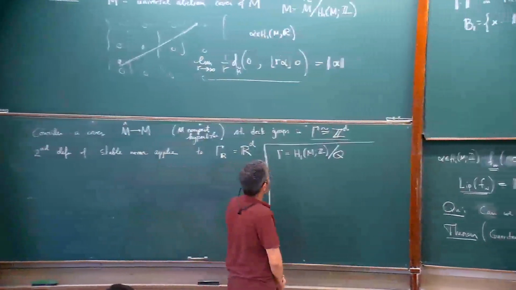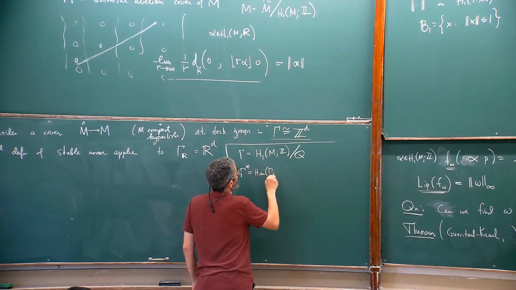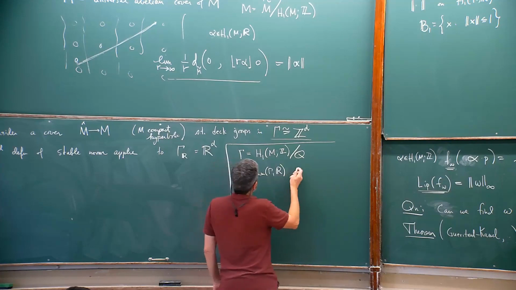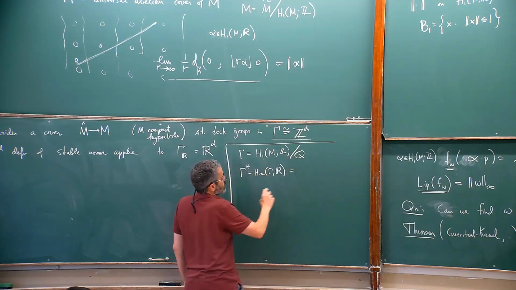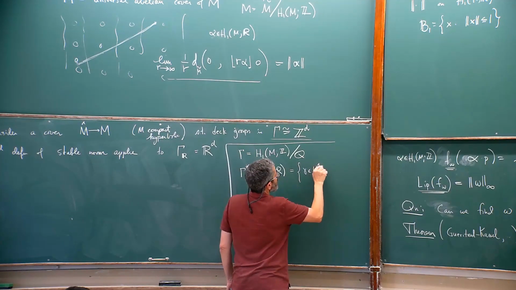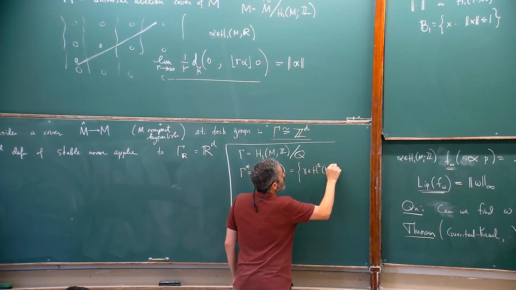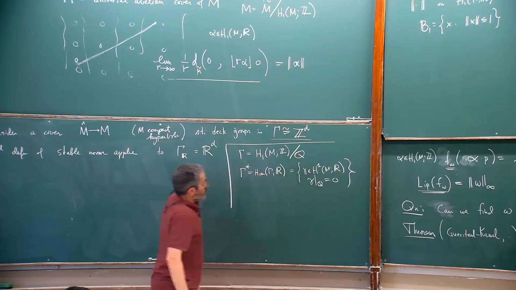That's just covering theory. And so the dual of gamma, which is Hom of gamma into R, is just everything which is 0 on Q, right? It's all elements in H^1 of M, R that vanish on Q, right?